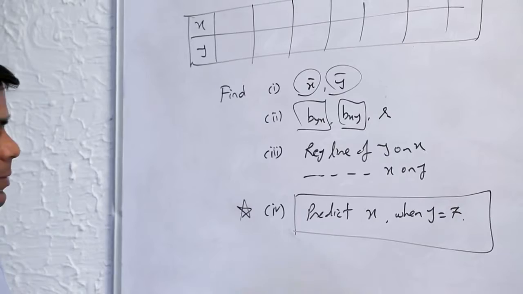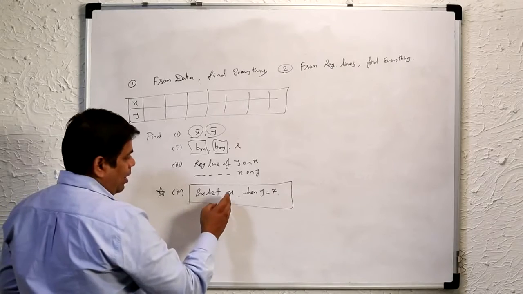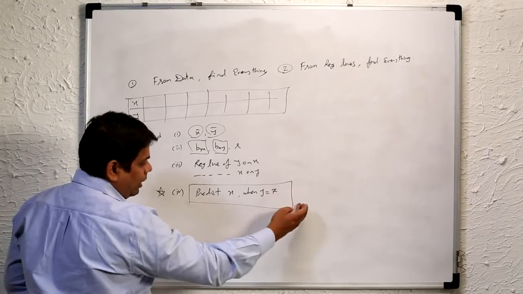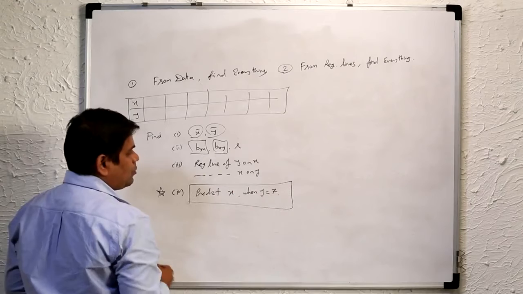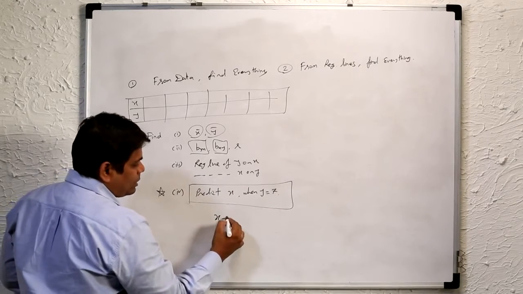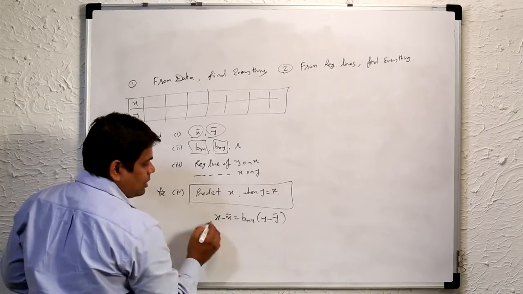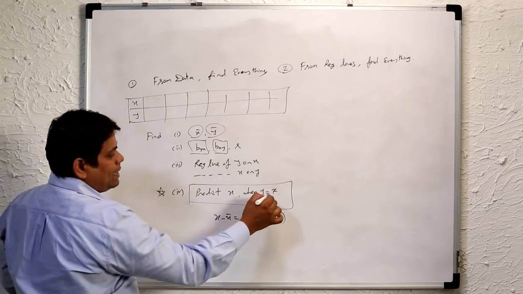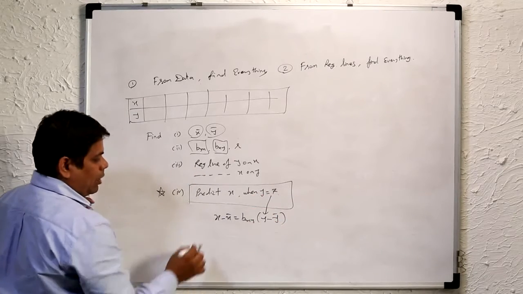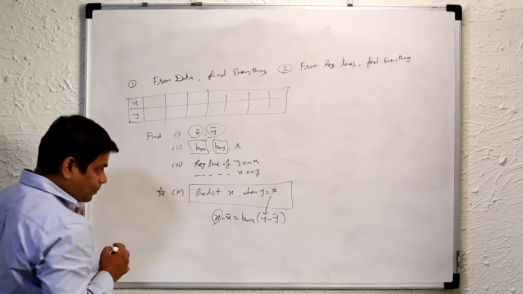What you must do is, what do you want to find? You want to find x, which depends on y. So x on y. So you are going to use x minus x bar equal to bxy into y minus y bar. That is the regression line of x on y. Replace y by 7 and find the value of x. That's the answer.